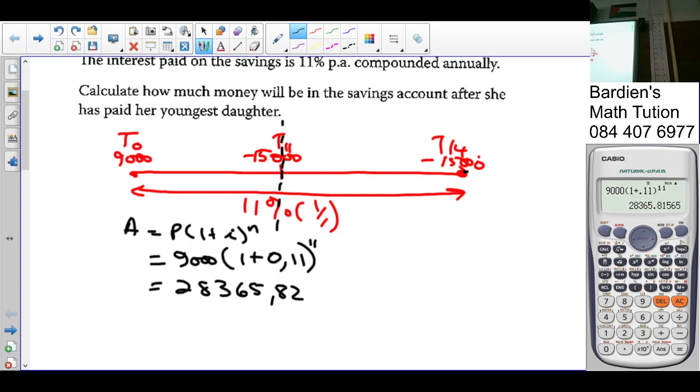But what happens at this point? You are drawing 15,000. So indicate that with a minus. So your P value now changes to 28,365 rand and 82 cents minus 15,000.